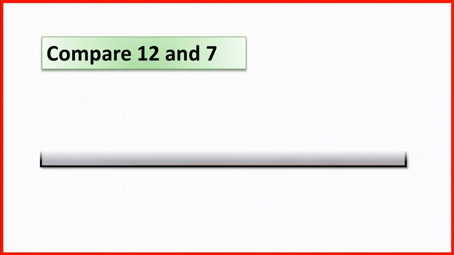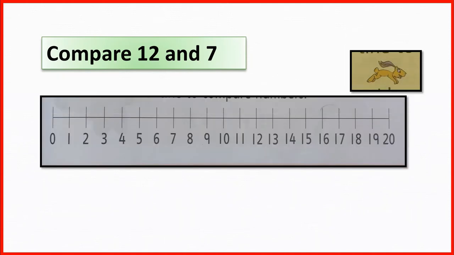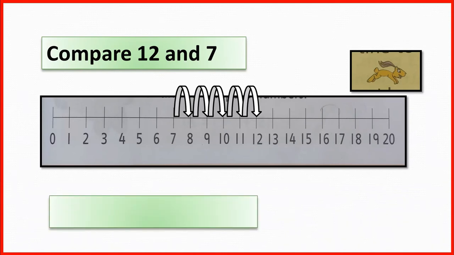The next one is compare 12 and 7. Bobo jumps on the number line to reach 12. 1, 2, 3, 4, 5. Bobo has jumped 5 times to reach 12. Therefore, we say 12 is 5 more than 7.